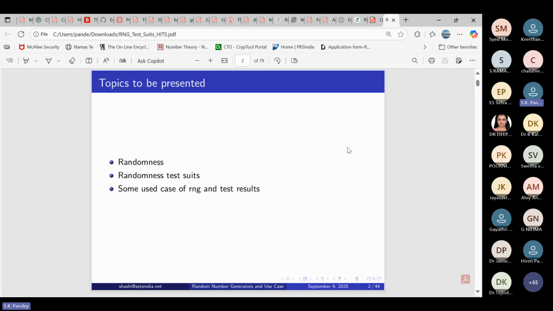Mostly the test suites I'm going to cover are specifically designed to verify the randomness of those sequences which are in use for cybersecurity solutions, wherever a random sequence is required. There we apply those test suites to verify whether what I generated satisfies the randomness condition or not.